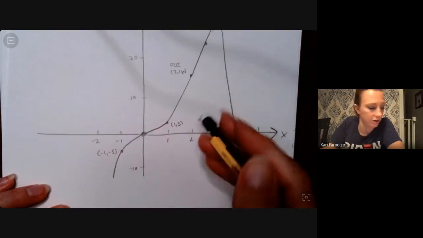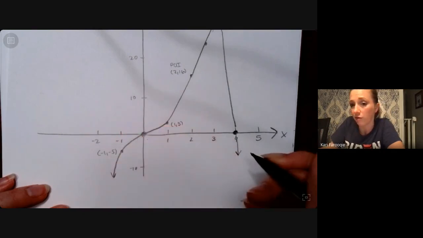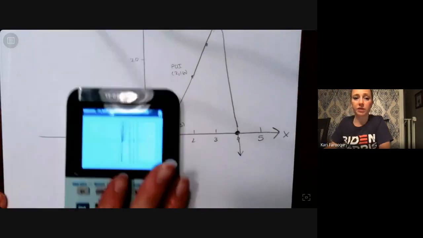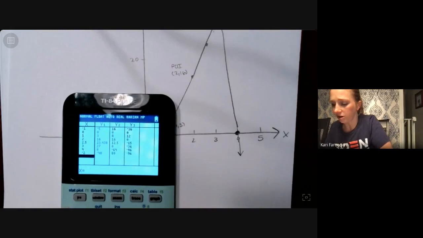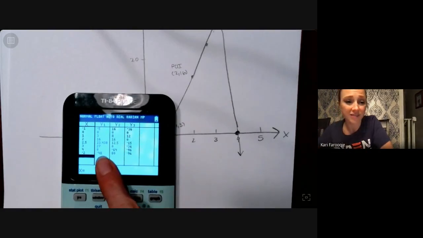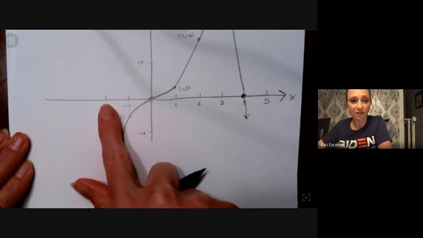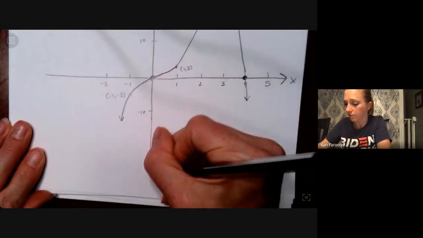If you want, you can get another value to look at, maybe see what happens to the graph at -2. I mean, it's already in your calculator. So you can already go to the table and just look at what happens at -2. The function value is -48. So that means at -2, I mean, we'd have to go all the way down here.